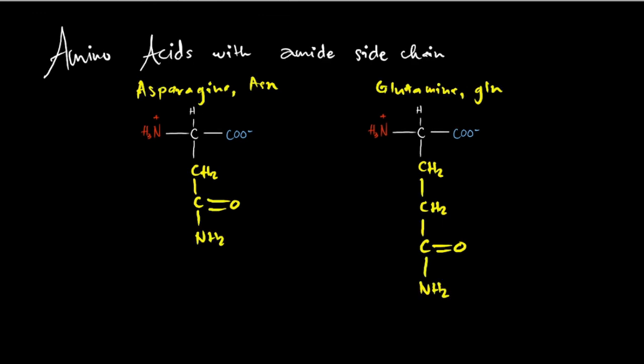Then we have amino acids with amide side chains. So we have there the asparagine, which is abbreviated as ASN, and we also have glutamine that is abbreviated as GLN.